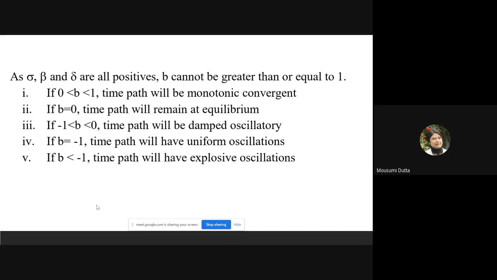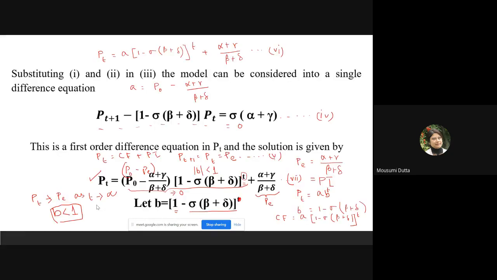Okay. The first possibility, B can be greater than 0, less than 1, like half, 1/3, 1/5. It can take this value. B is less than 1. So one possibility is B is lying between 0 and 1. Now, if B lies in between 0 and 1, the B value is positive.